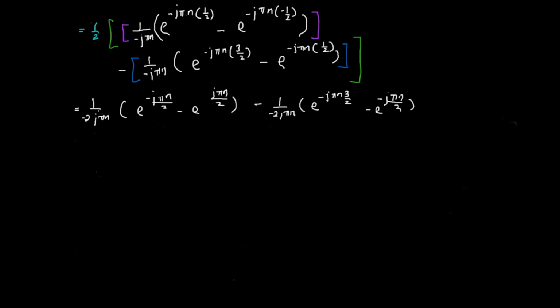So this negative and negative will become positive, so you don't find a negative symbol here. Over here I just maintain this negative because we're going to use it later for other conversion purposes. So now we have exponent to the power negative j pi n 3 over 2, and negative exponent to the power negative j pi n over 2. So this is what we have.